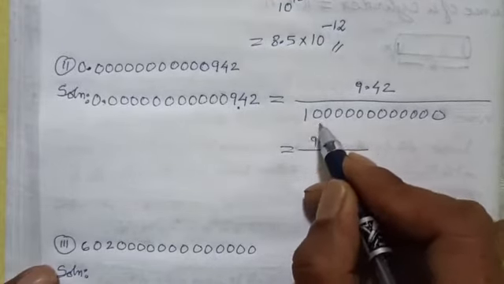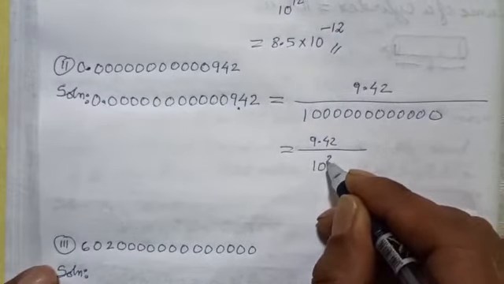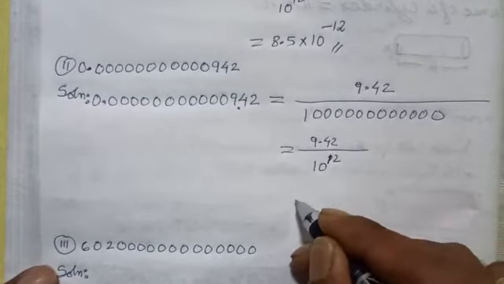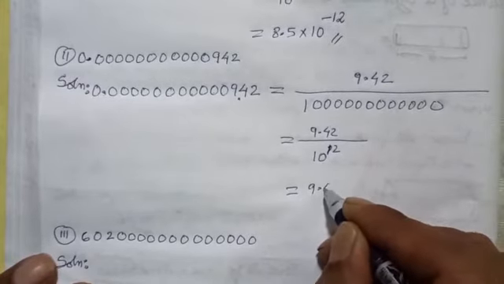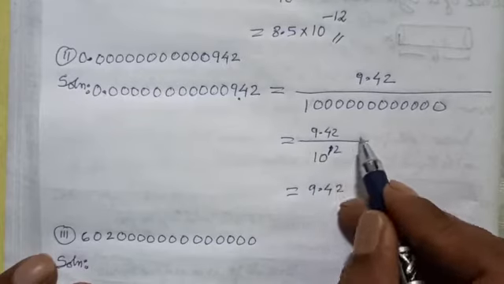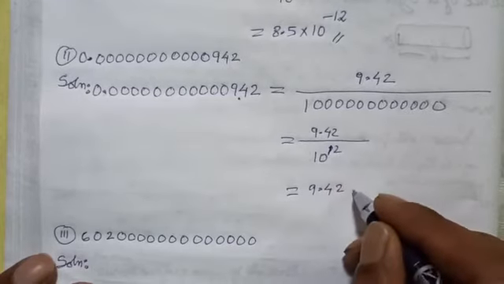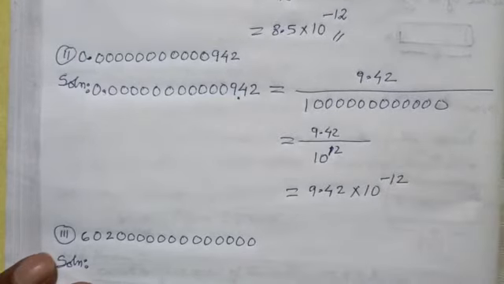Here the number of zeros is 12. So we can write this as 10 to the power 12, equal to 9.42. If we want to write this 10 to the power 12 in the numerator, then we will keep a minus sign in the power. And this is the answer.